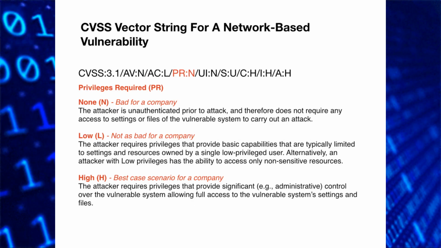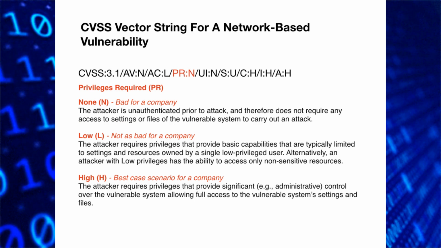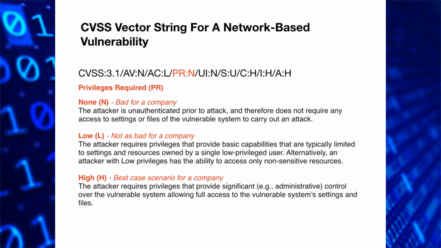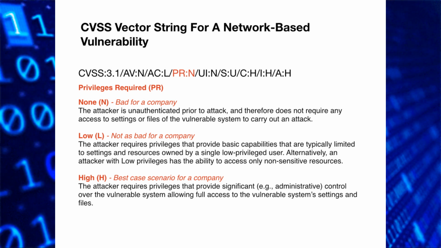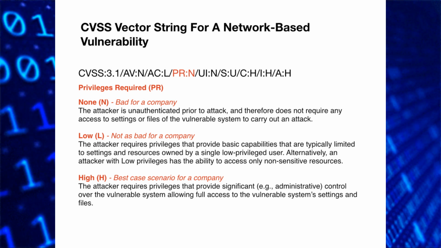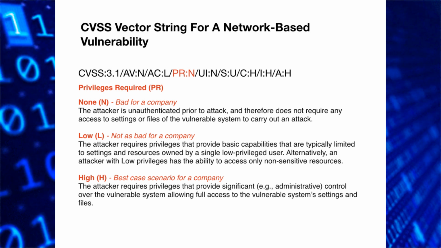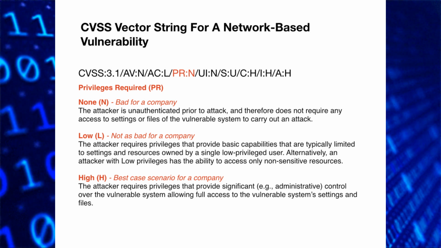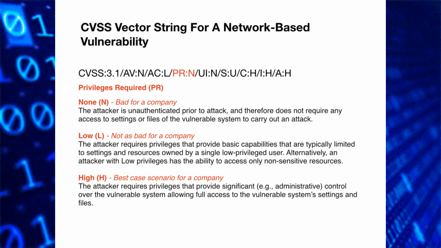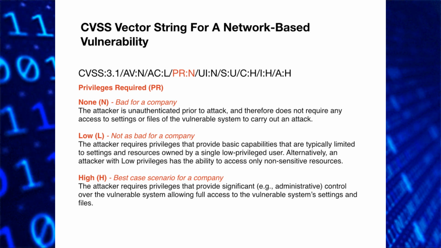PR stands for privileges required. The N stands for none, which is bad for a company. The attacker is unauthenticated prior to attack, and therefore does not require any access to settings or files of the vulnerable system to carry out an attack. The L stands for low, which is not as bad for a company. The attacker requires privileges that provide basic capabilities that are typically limited to settings and resources owned by a single low-privileged user.